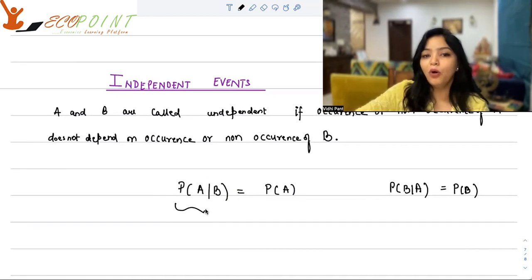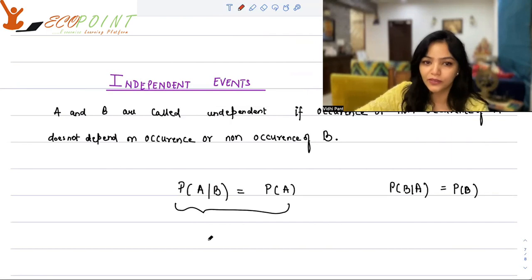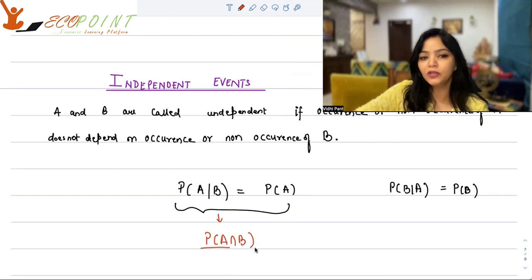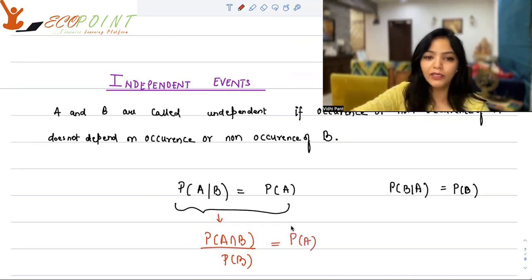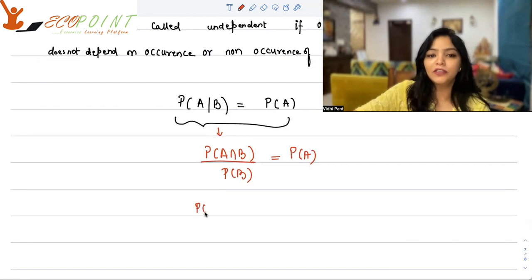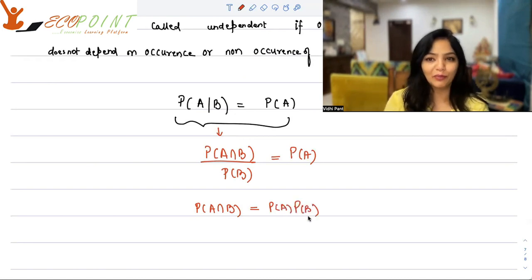And if you open this up, you will get the general formula that we generally use. What do we use? The conditional probability is probability A intersection B upon probability B. If B is the condition, this equals probability A, and that gives you the probability of the intersection should be equal to the product of the respective probabilities.